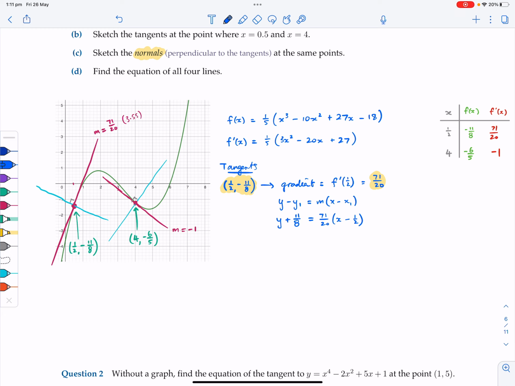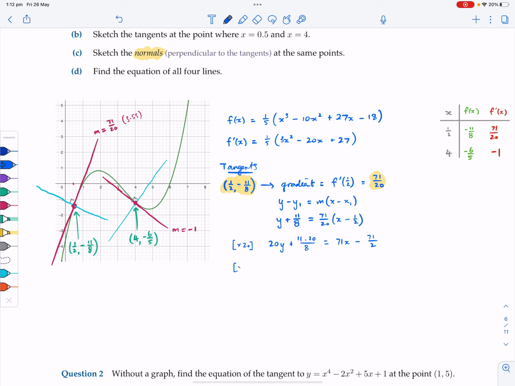So I might just take a few steps and multiply it by 20 first. So I get 20y plus, and then 11 over 8 times 20 is just 11 times 20 over 8, whatever that is. And that's 71x minus, and then 71 over 2. And now so that was like times 20.